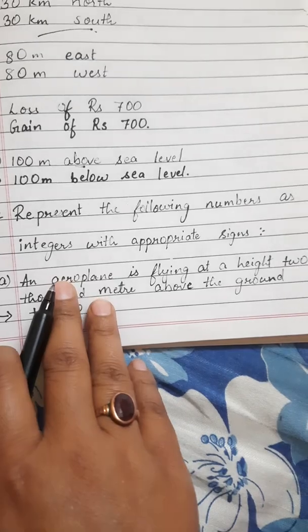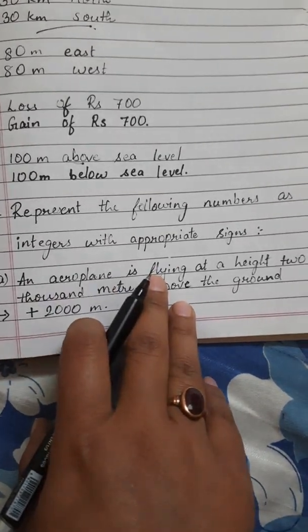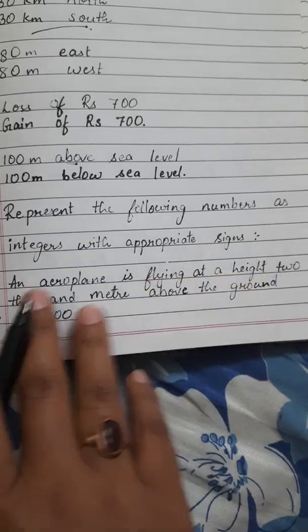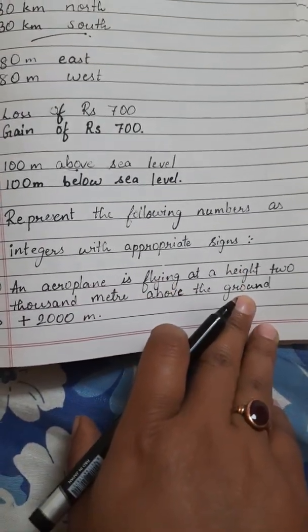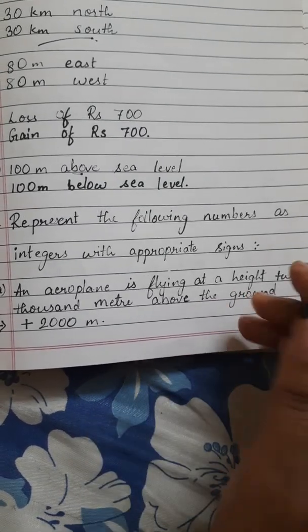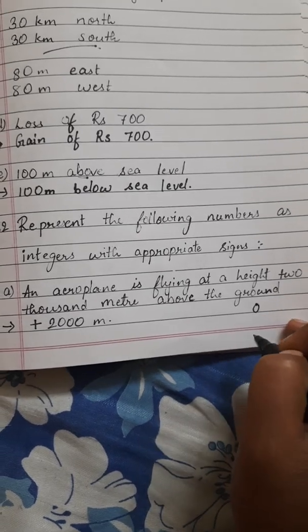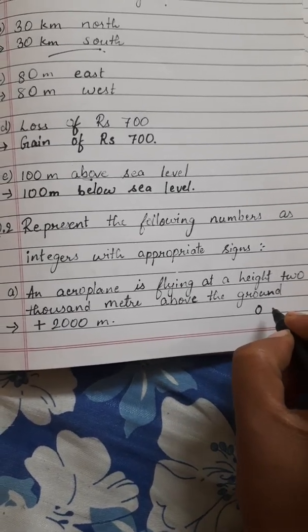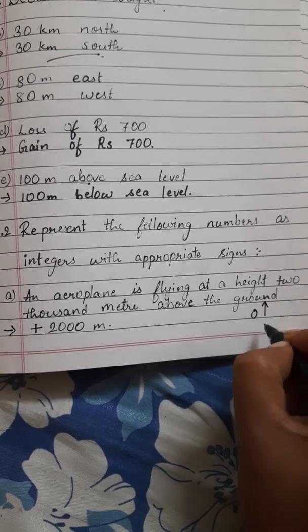Okay, like the question here: an aeroplane is flying at a height of 2000 meter above the ground. Above the ground means, if I take the ground level as 0, and I move above the ground, what will happen?